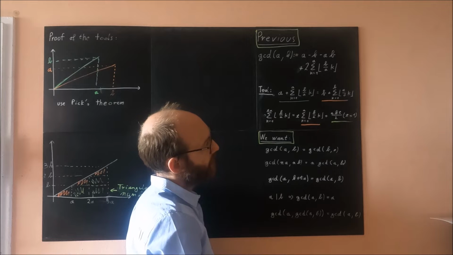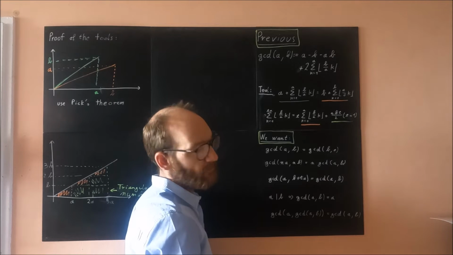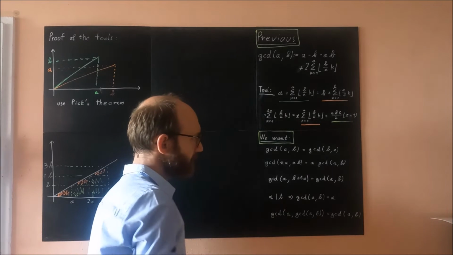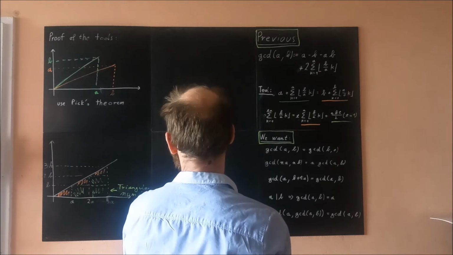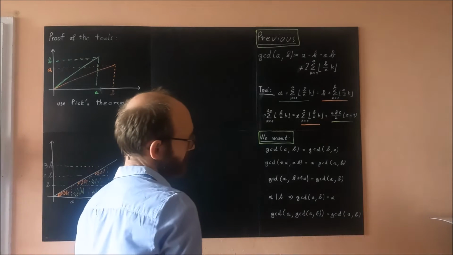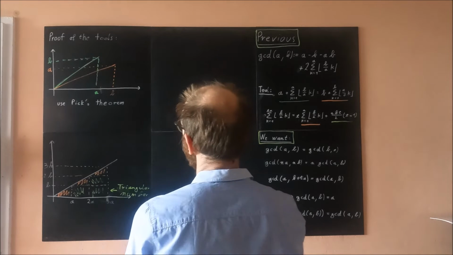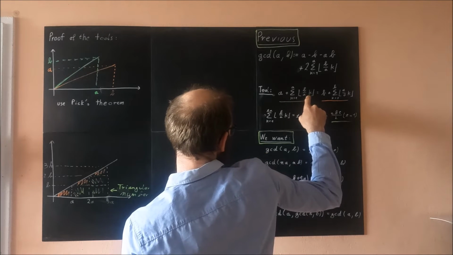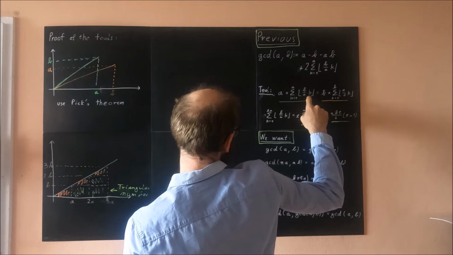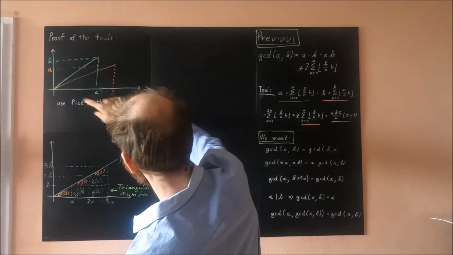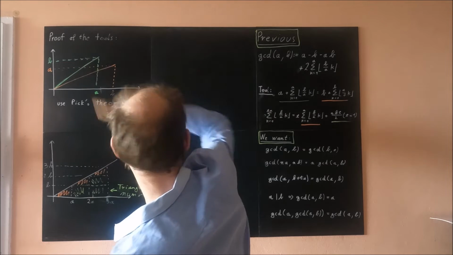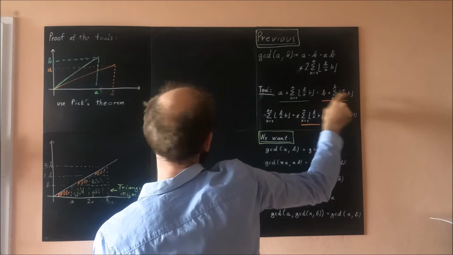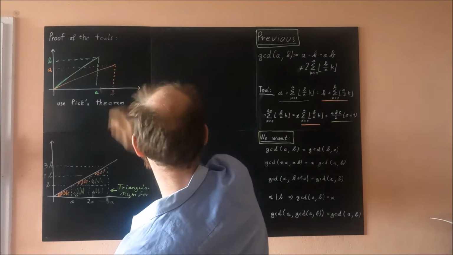And how can you prove this? An easy way is to use Pick's theorem and count the lattice points. So I have a picture here. If you consider b over a times k as a straight line, b over a times x, we get the green line, and a over b times x, we get this orange line.